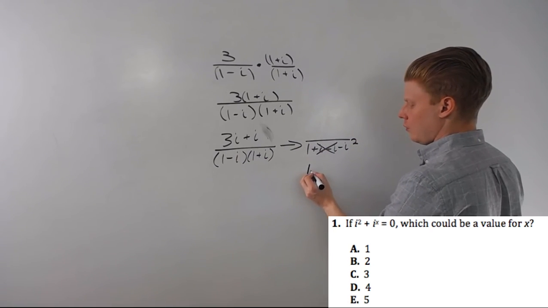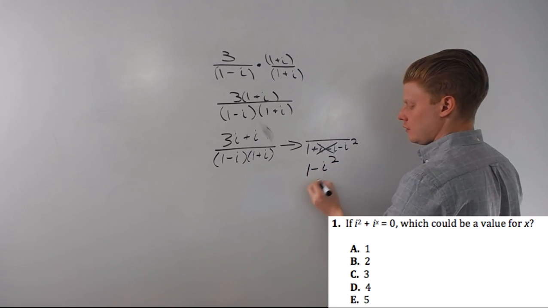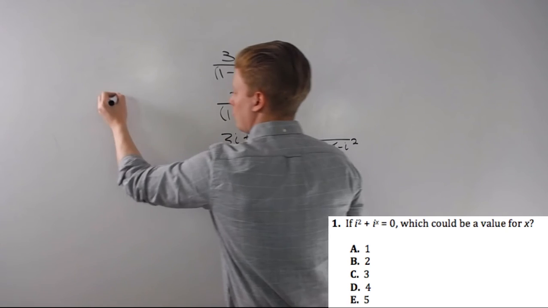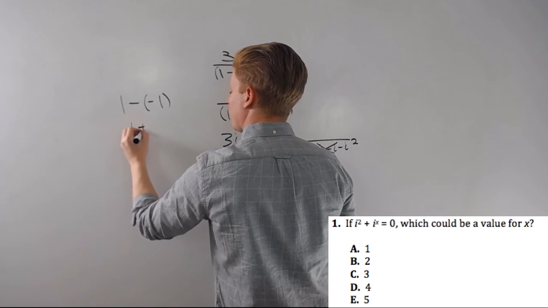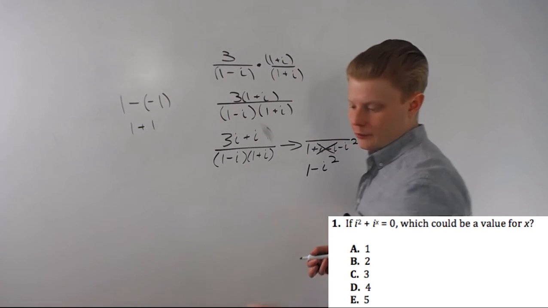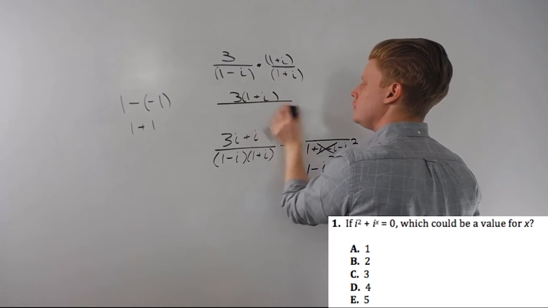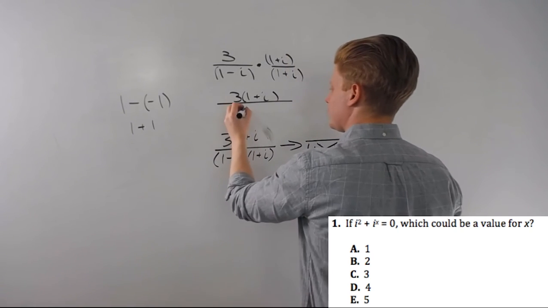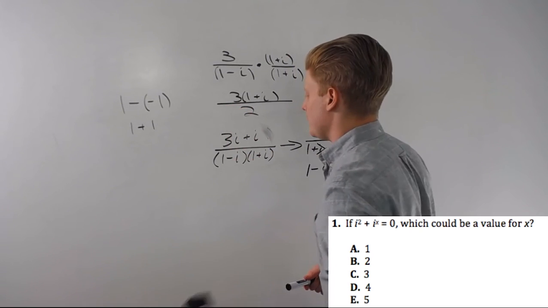And I'll have 1 minus i squared, which will be 1 minus negative 1, 1 plus 1. And I'll be left with, in my denominator, 2. And I've successfully gotten rid of the i in my denominator.